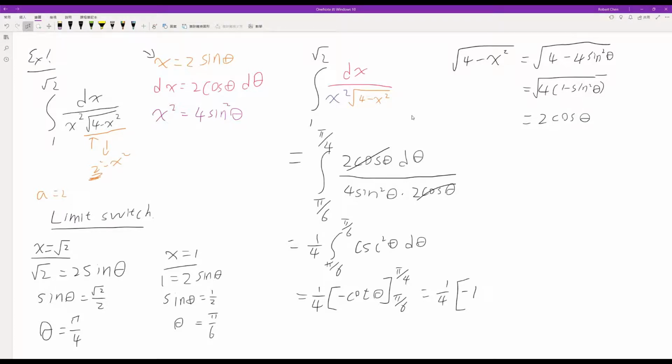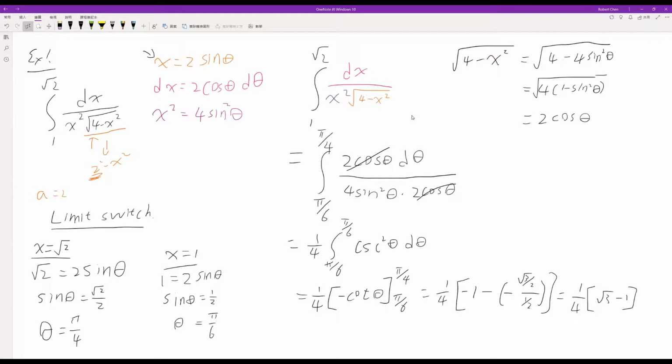So negative 1 minus, and the cotangent of pi over 6, we have the negative sign, so negative rad 3 over 2 divided by 1/2, which will be 1/4 times, that's positive rad 3, so rad 3 minus 1. Okay, so that's how we use the trig sub.